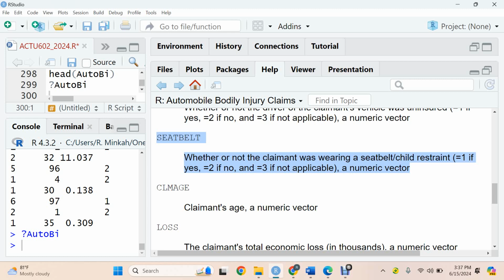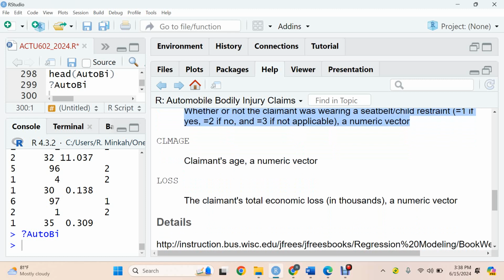Okay, the first thing I want you to do is that you have this loss data. How would you describe it? What can you do to describe this data? You don't understand? Okay, so you have loss data in front of you. If you go to Auto BI, it says loss, isn't it?